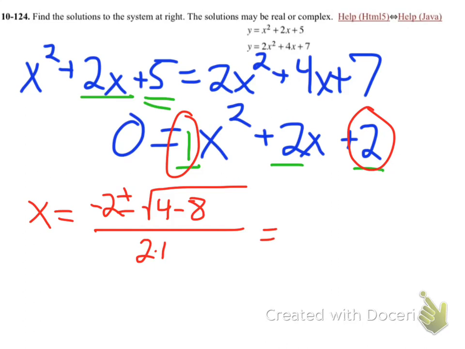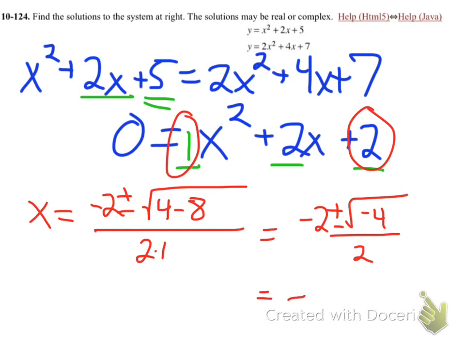That is going to simplify down to negative 2 plus or minus square root of negative 4 over 2. You can see that I have a negative number underneath the radical, which is going to give me complex roots.